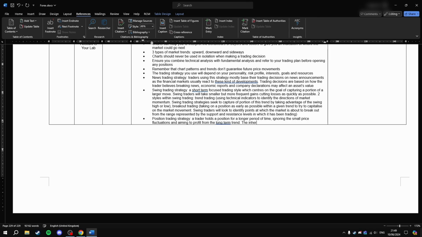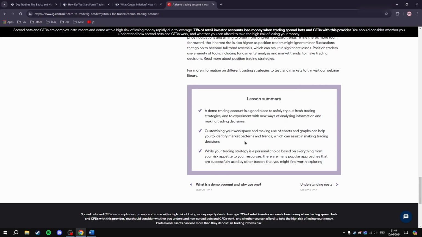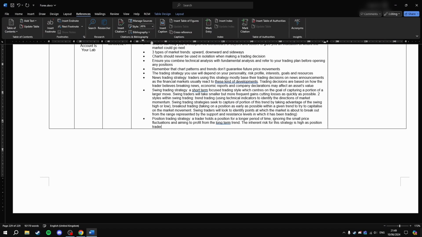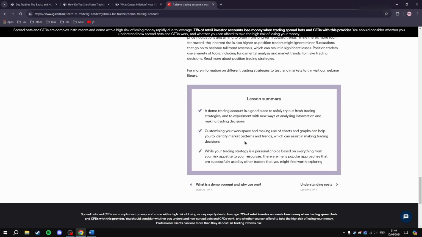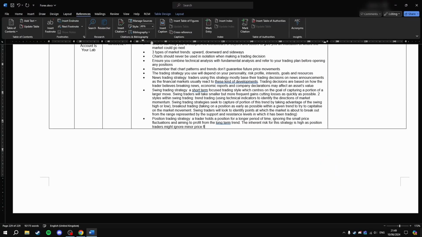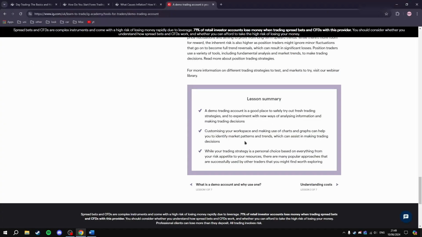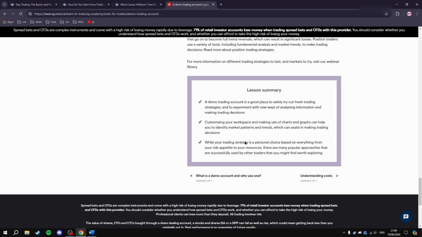The inherent risk for this strategy is high as position traders might ignore minor price fluctuations which go on to become full trend reversals, which can result in significant losses.